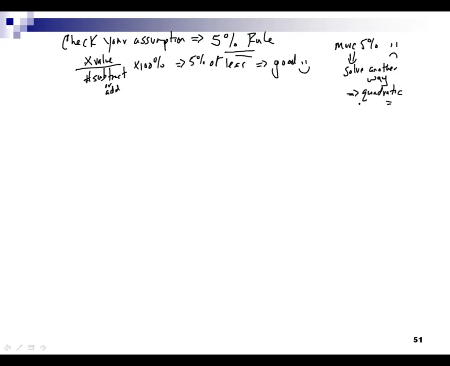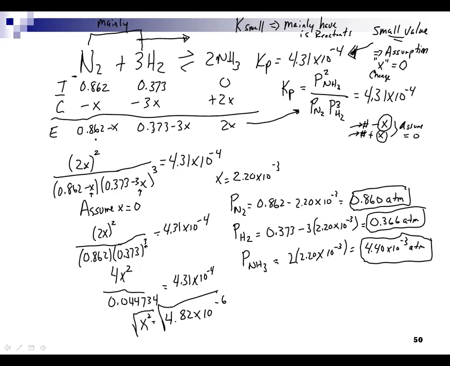Just to show you in our last problem, the x value that we ended up with when we did the assumption was 2.2 times 10 to the minus 3. To check it, you would take 2.2 times 10 to the minus 3. If you look back in our ICE table, we were originally going to subtract that number from our 0.862.